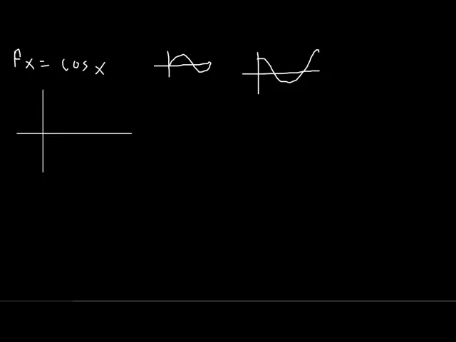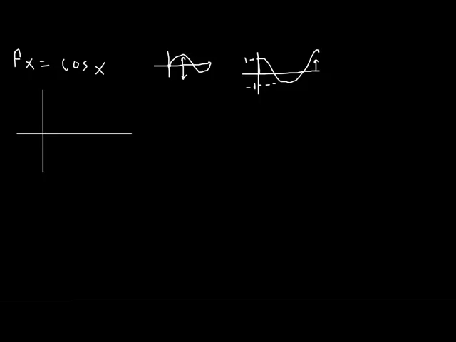Sine, as you can see, starts from 0. Cosine starts from its maximum point, which in this case is 1, but it could be anything. These graphs are special because the distance from the x-axis to the peak is called the amplitude.